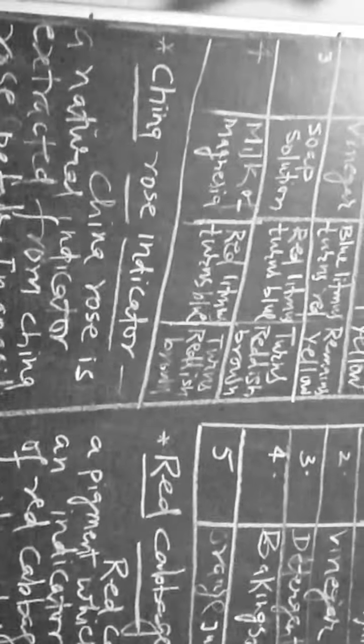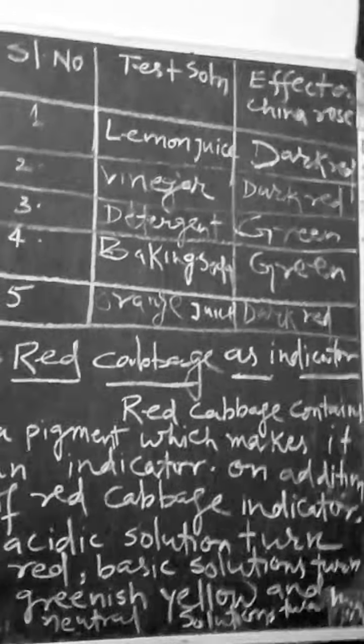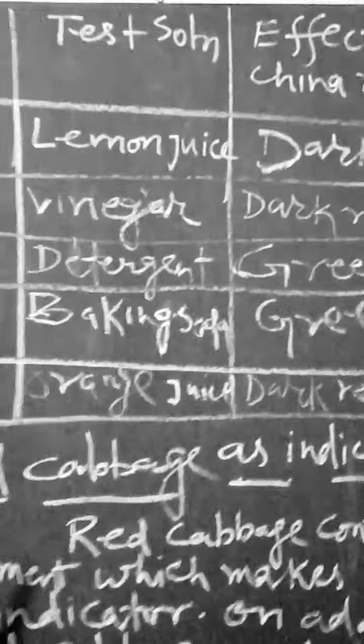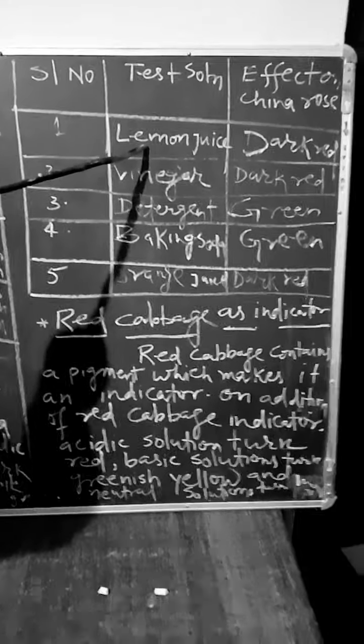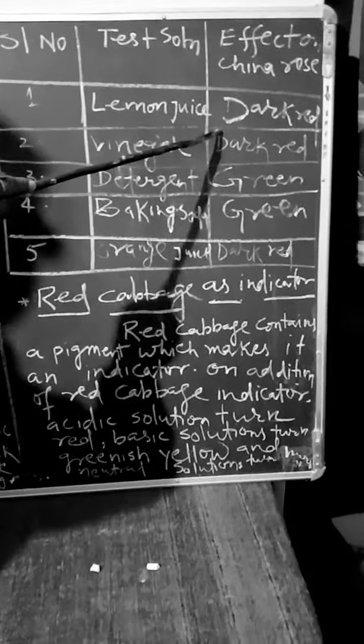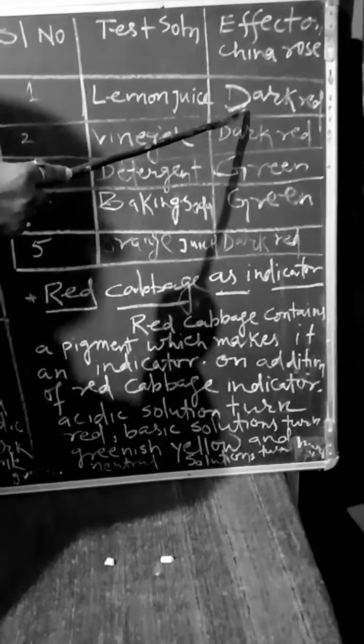Now we can find the effect of different test solutions on China rose. Number 1, lemon juice: it becomes dark red.